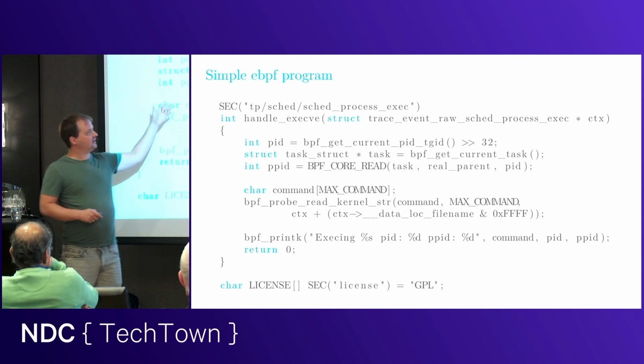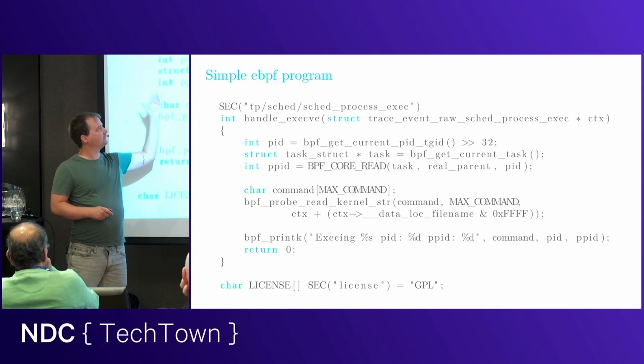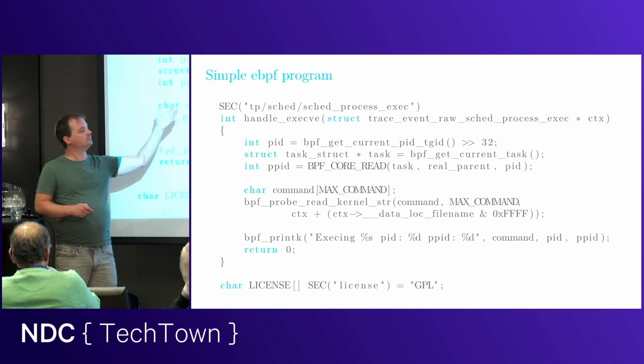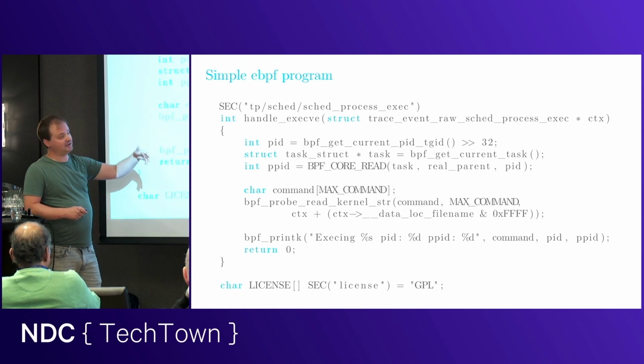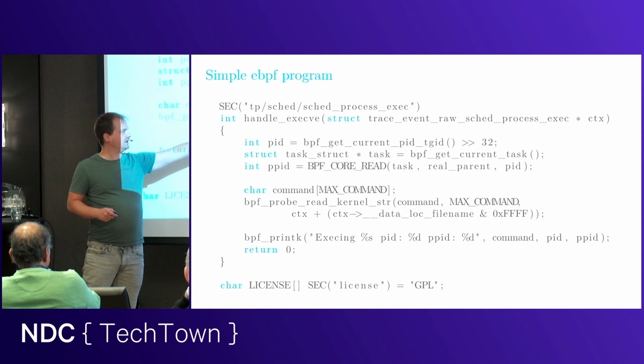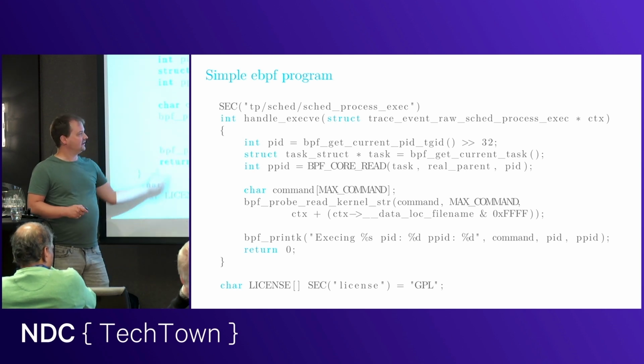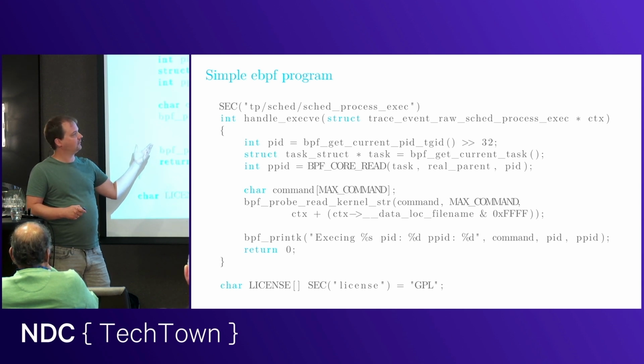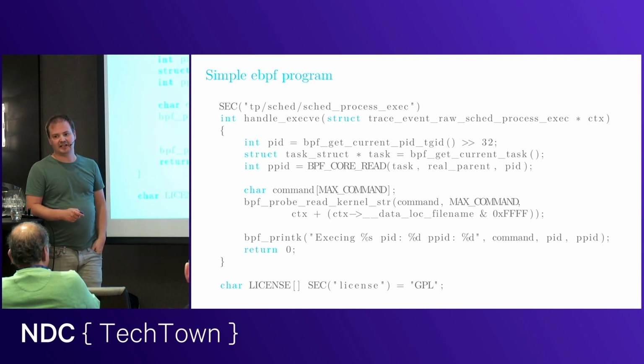So basically what I do here is I find my PID and my parent PID. This reads a string from the kernel, which in this case is the first argument of the exec system call, which is the file name that you're trying to exec. And then I just print out that information.